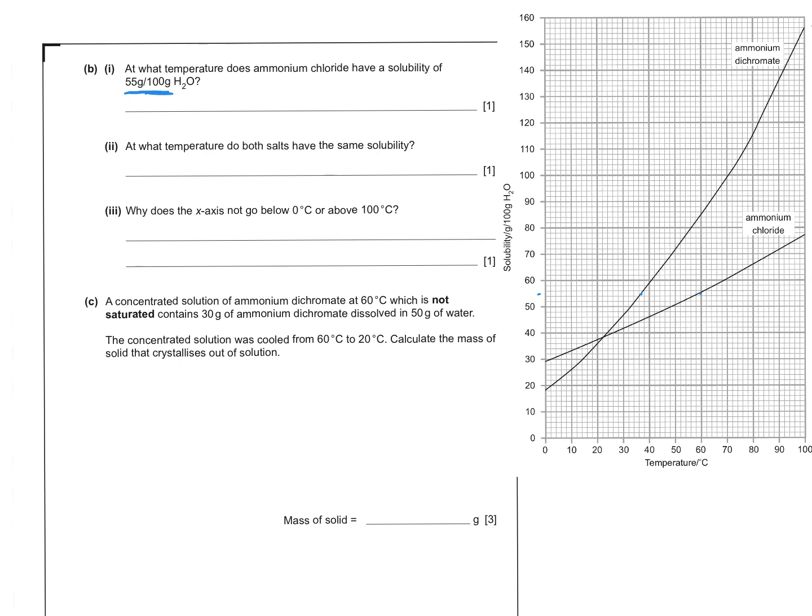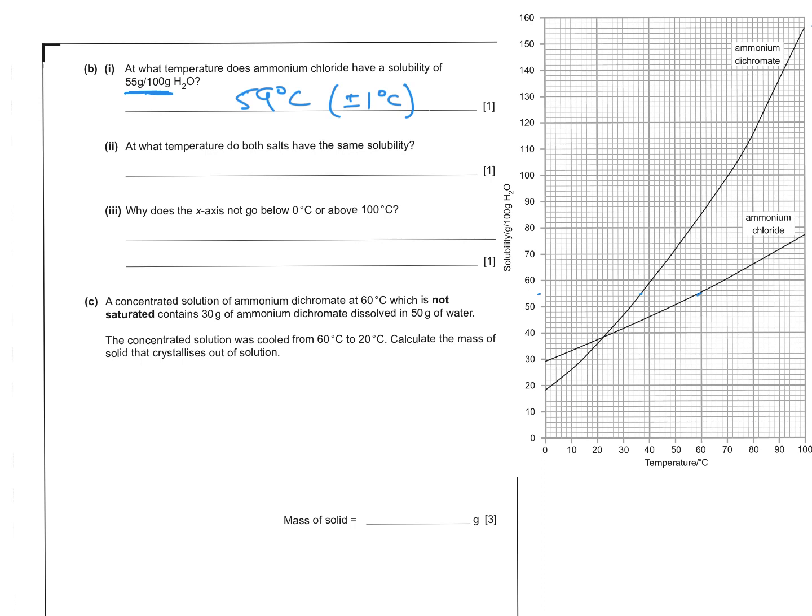If we go down, it's somewhere around the 59 mark, and you're generally allowed plus or minus 1. So I'm going to put in 59 degrees C, and I say you're usually allowed plus or minus 1 degree C.